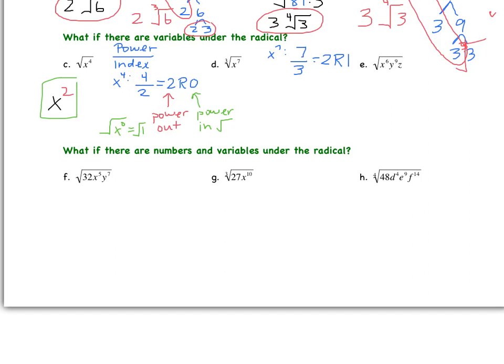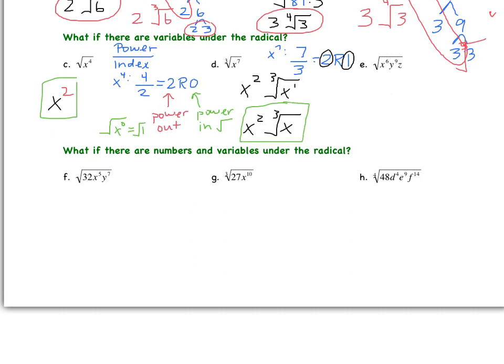So an x to the 2nd comes outside of the radical, and we're left with the cubed root of x to the 1st power, or just x. Our final answer here would be x squared times the cubed root of x.